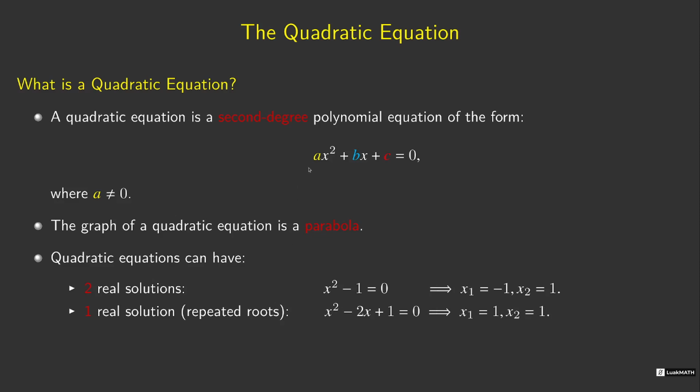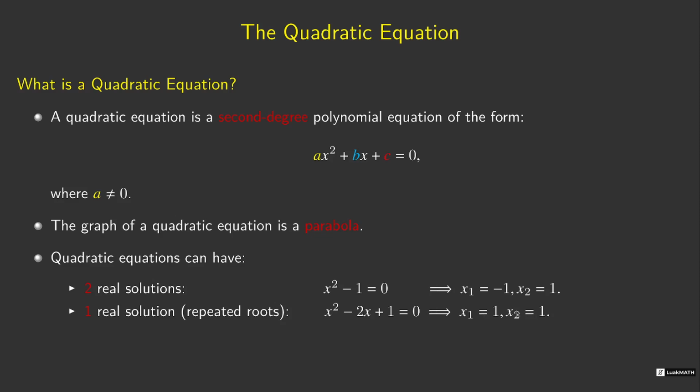Indeed, all quadratic equations always have 2 solutions, but they could be repeated. So keep that in mind. Even though these 2 solutions are the same, we can call it one real solution, but in fact there are 2 solutions, x1 equals 1 and x2 equals 1. It's just that the 2 of them are the same.